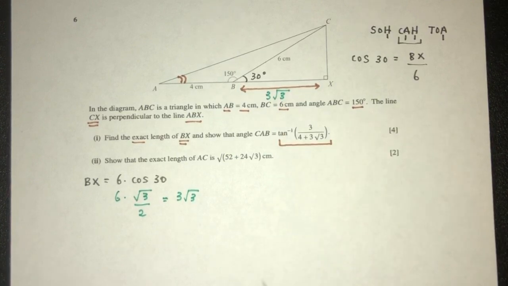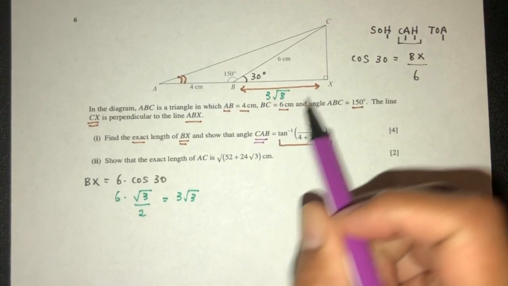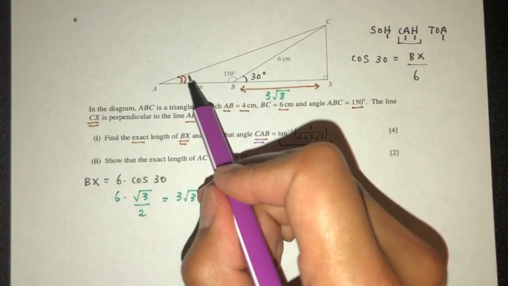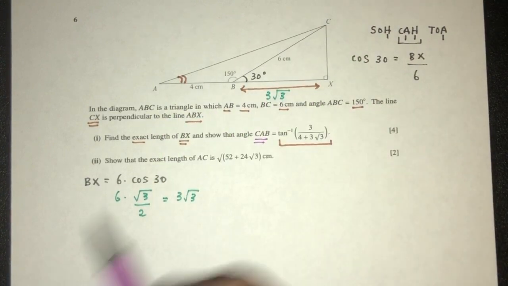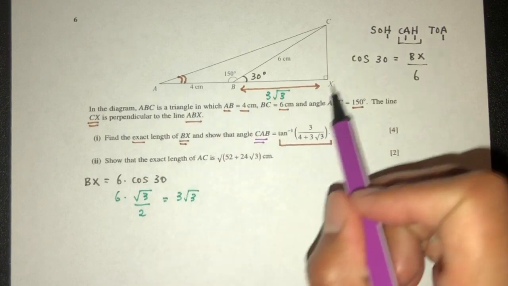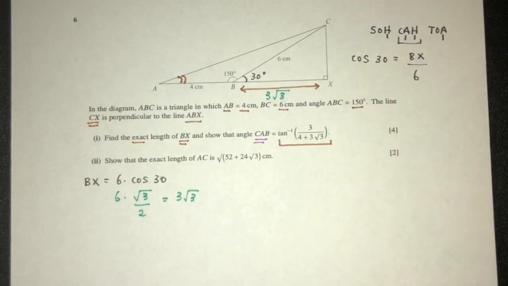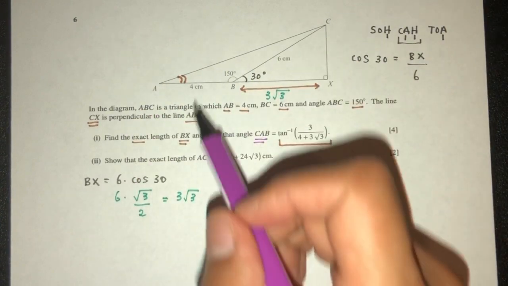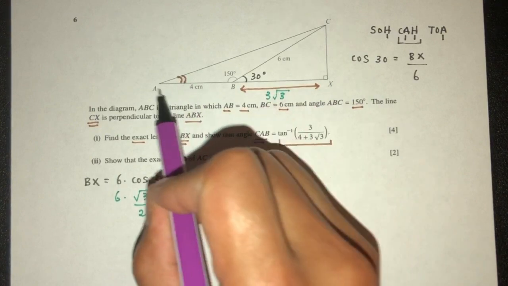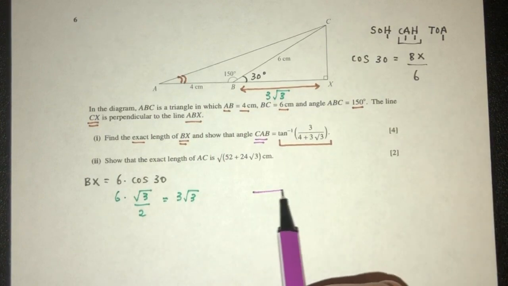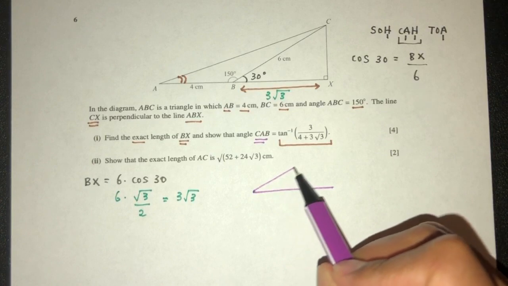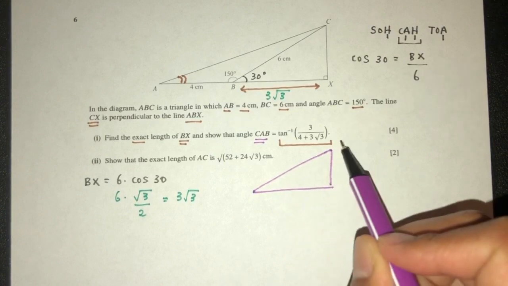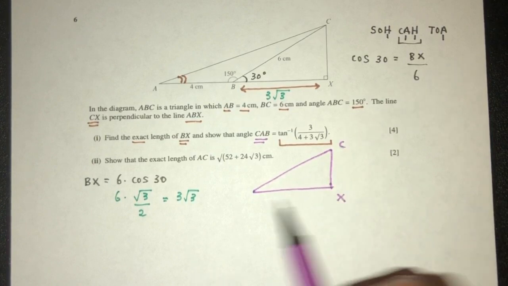Okay, now to find the angle CAB, CAB is this angle, so pretty easy. Now this angle here is part of this big triangle. Again, this big triangle is also a right angle triangle. This angle, we know this side. For example, if I take out the big triangle, that is CXA.